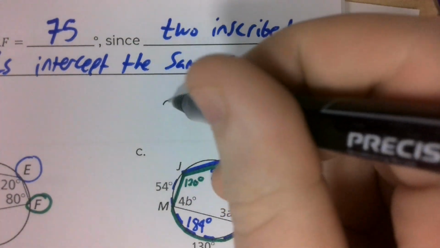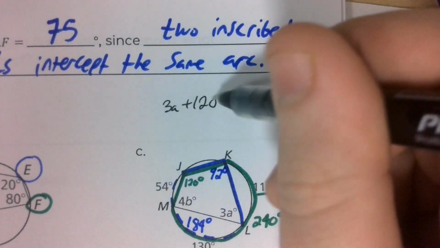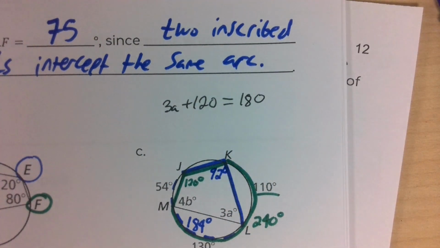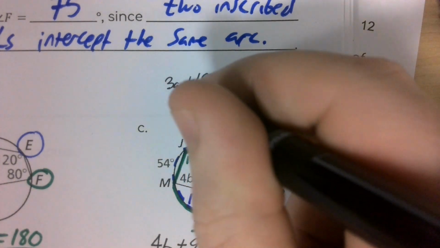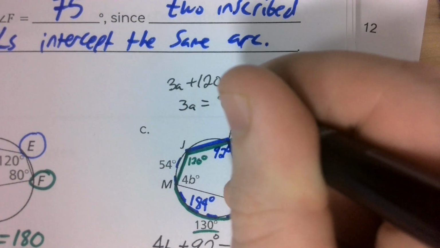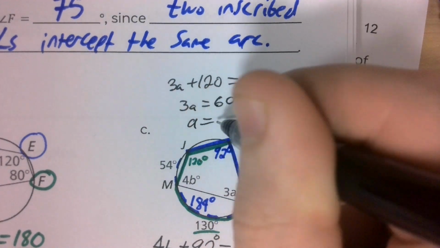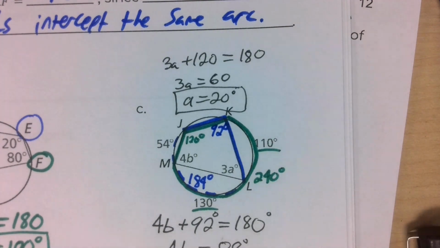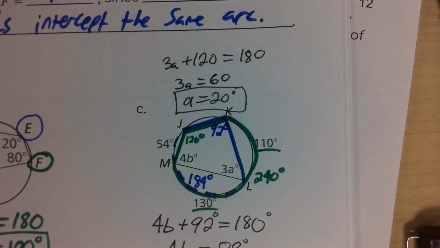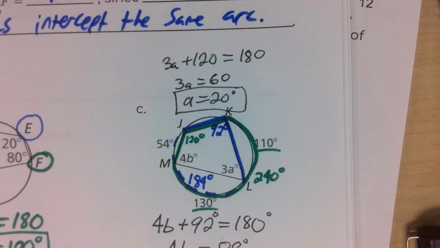So again, we can say 3A plus 120 equals 180. Subtract 120 to get 3A equals 60, and A equals 20. Again, just know, when you have an inscribed angle, its intercepted arc is double its measure.